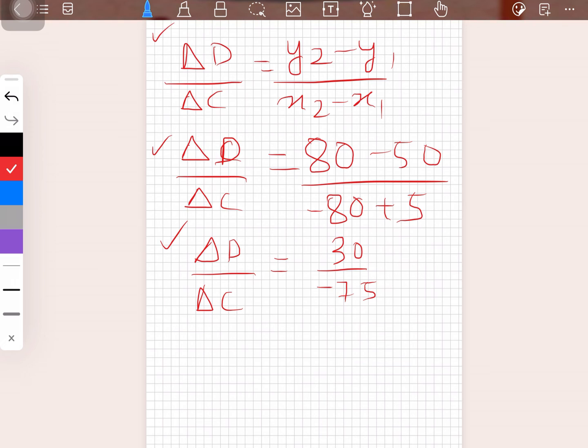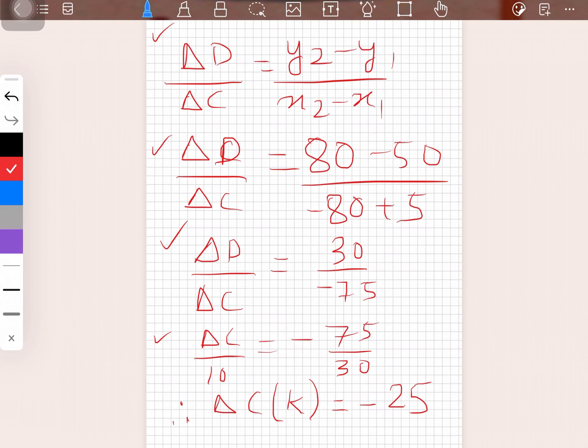We know the value of change in D, which is 10, so change in C by 10 is the reciprocal of 30 over minus 75. Therefore, change in C, which is k according to the question, would be minus 25.